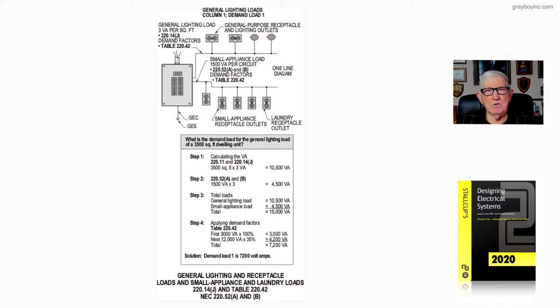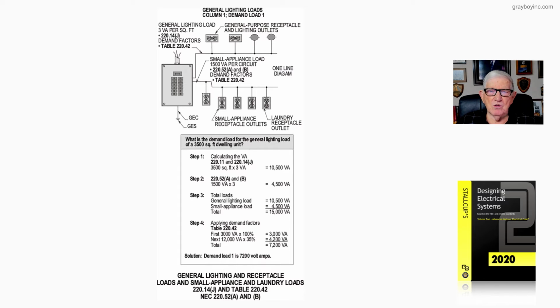Some inspectors would require you to add in a 1,500 VA for the 20 amp required in the garage too. You have to pull a 20 amp there. You have to pull a 20 amp to the bathroom. But there's not anywhere in your 210.52 A and B, as well as your 210.11C, that requires 1,500 VA for those circuits.